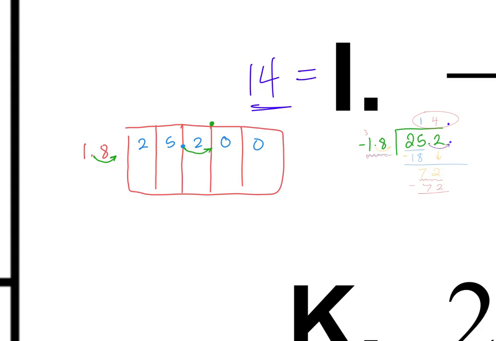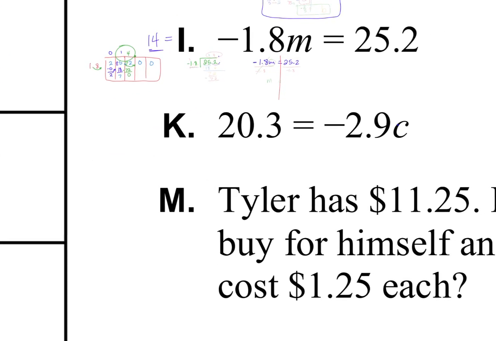How many times does 18 go into 2? 0 times. So you bring down the 2, and the 2 goes up here. How many times does 18 go into 25? Once. You subtract and you get 7. You put the 7 up here. How many times does 18 go into 72? It's 4, and you would still get 14, no matter how you would do that.